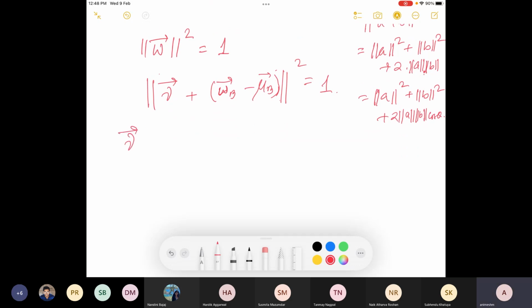So now here, what is the angle between nu and WB minus mu B? What is theta?